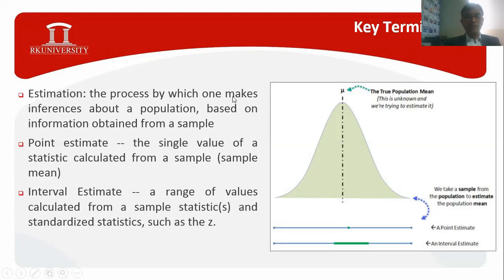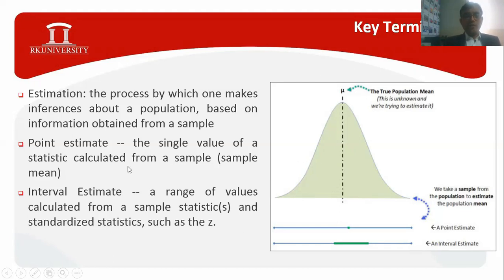The process by which one makes inferences about the population based on information obtained from the sample is called estimation. In this process of estimation, we undertake two particular estimates, known as point estimate and interval estimate. Let us learn more about what we mean by point estimate and interval estimate.